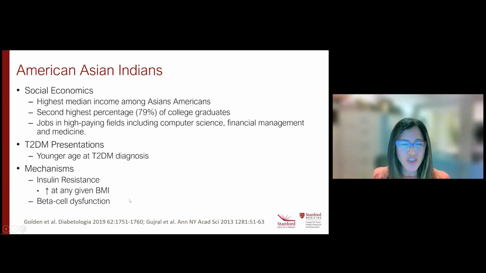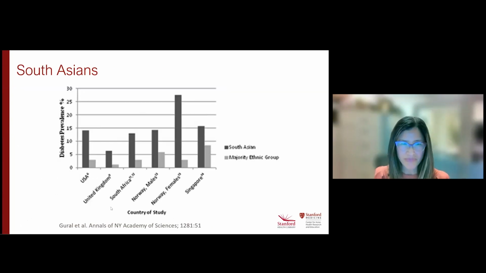And there's research, but I think it's less developed, about effects on beta cell function, especially happening at an earlier age.